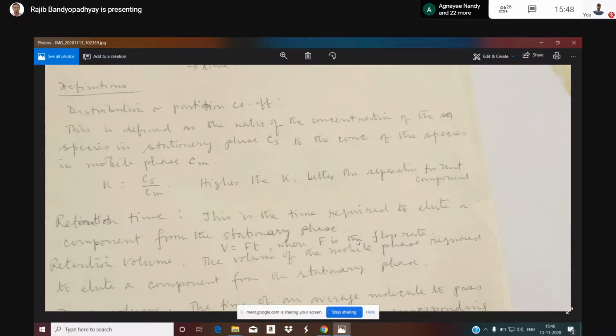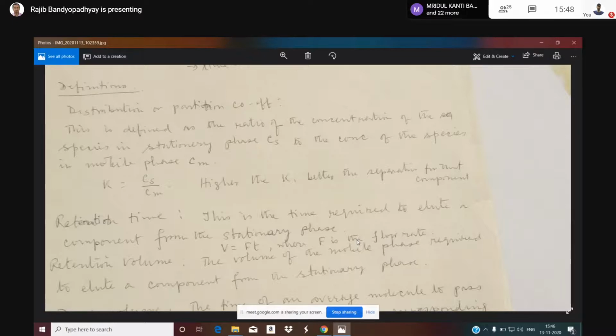And here there are many issues. One is that the amount of sample should be very small. We should give a very small amount of sample in the injection port, for several reasons. Only a few microliters are given. And this injection port is usually at a higher temperature than the column.